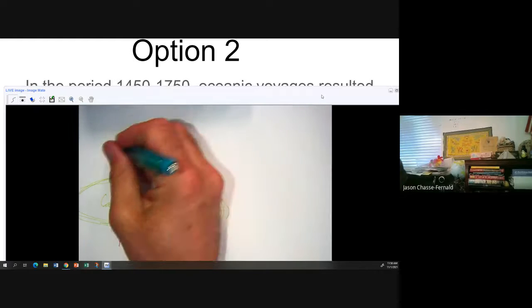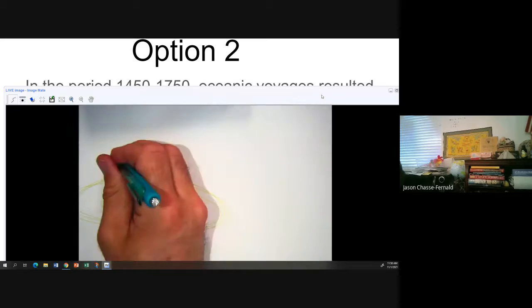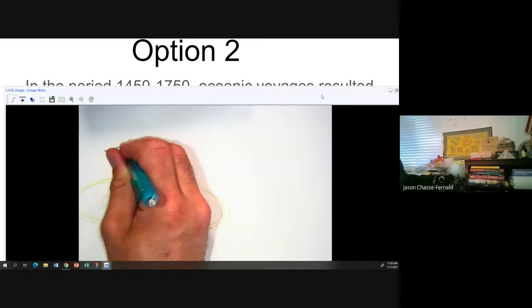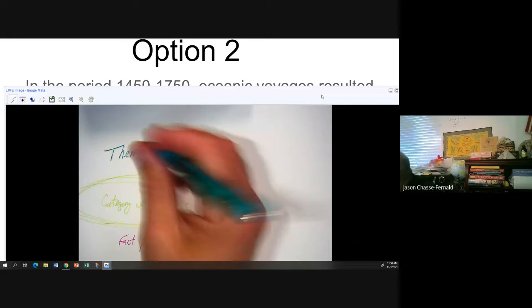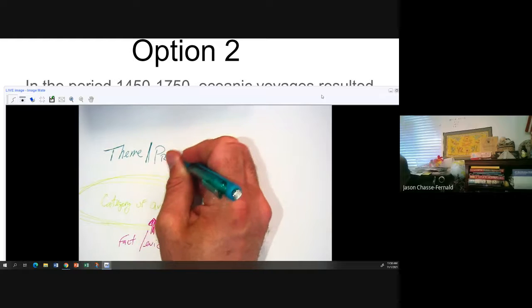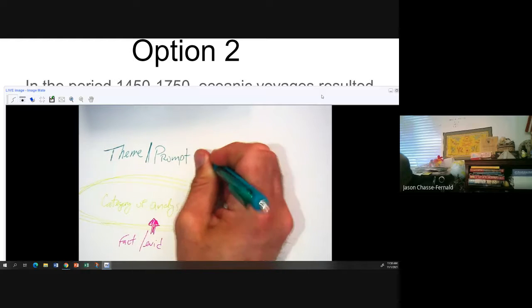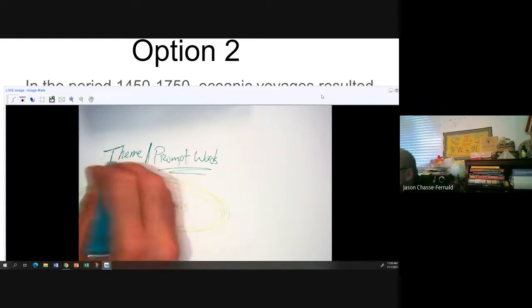But also keep in mind that we want to be more specific than a theme word. We do not want theme words, and we really don't want prompt words. Words from the prompt itself.